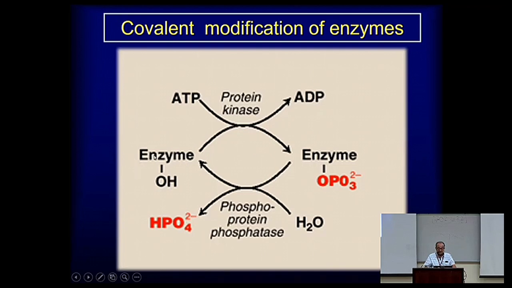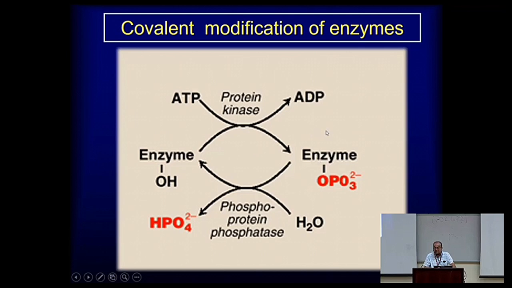So when you modify that serine to phosphoserine, maybe that phosphoserine is near the active site. Maybe it allows the active site to associate with the substrates. We don't know, but the point is you change the activity of the enzyme. So that's an example of covalent modification.